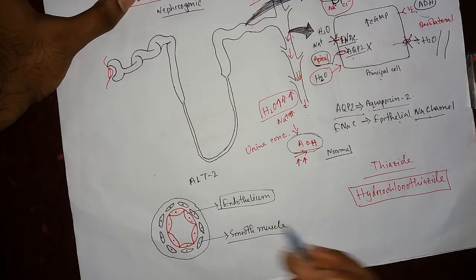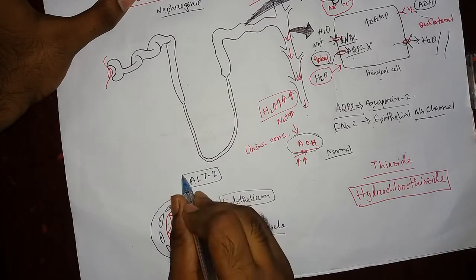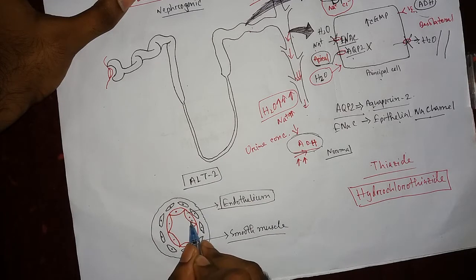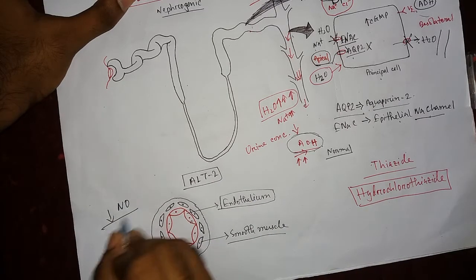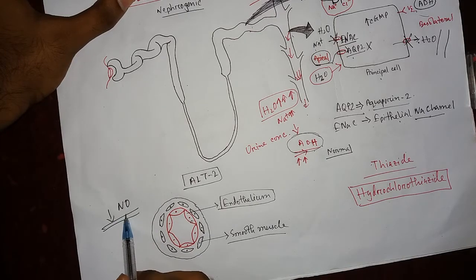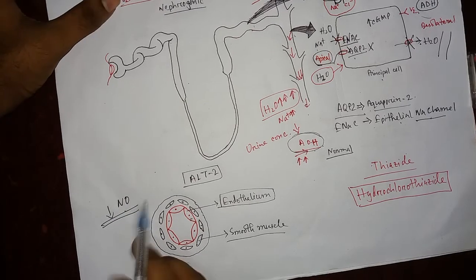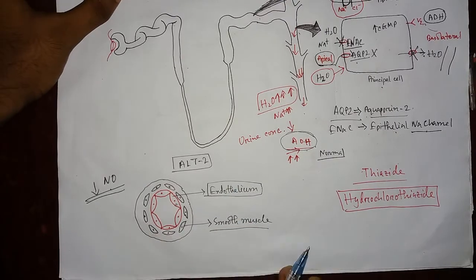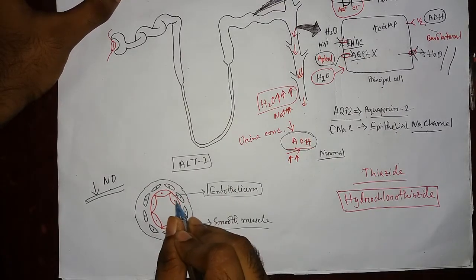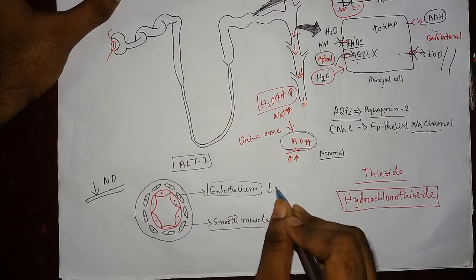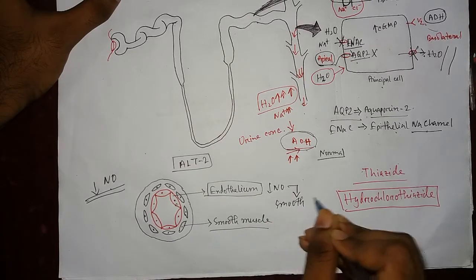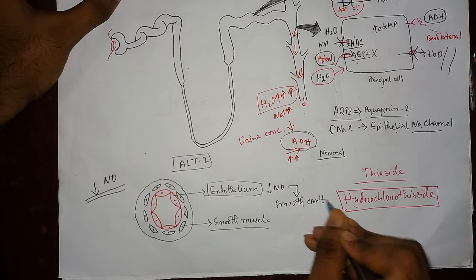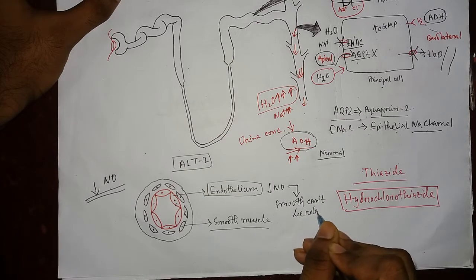So when it acts through the AT2 receptor in the endothelium of the blood vessels, it decreases nitric oxide production. You know that nitric oxide causes smooth muscle to relax, and as a result of decreased production of nitric oxide, smooth muscle cannot relax.